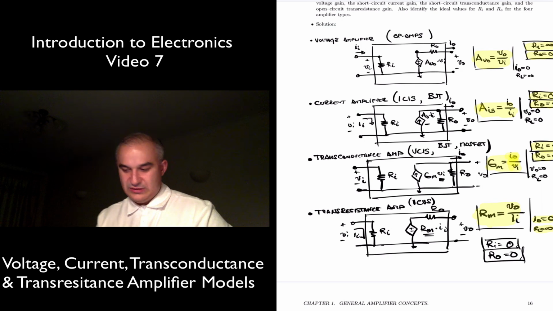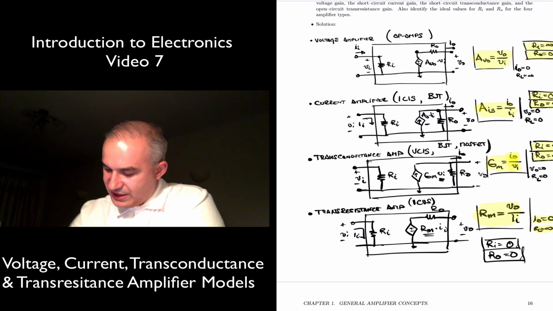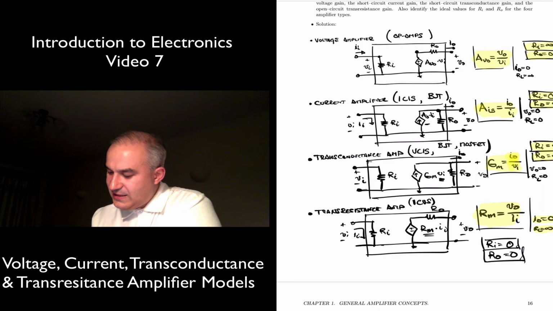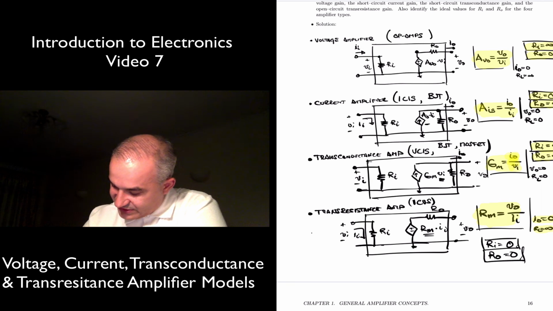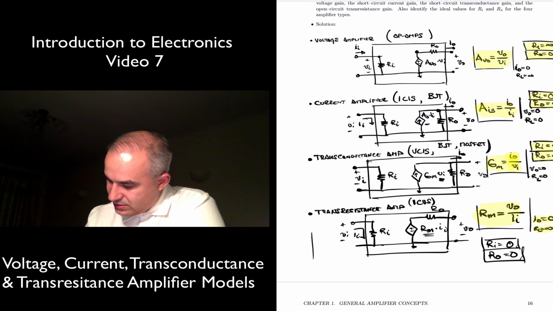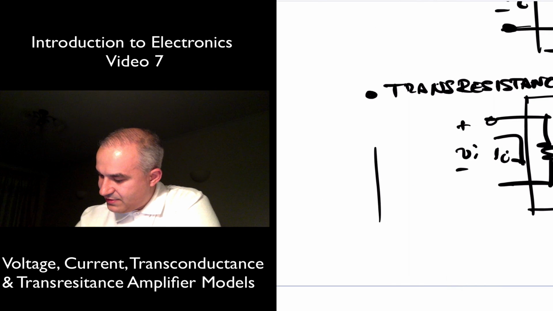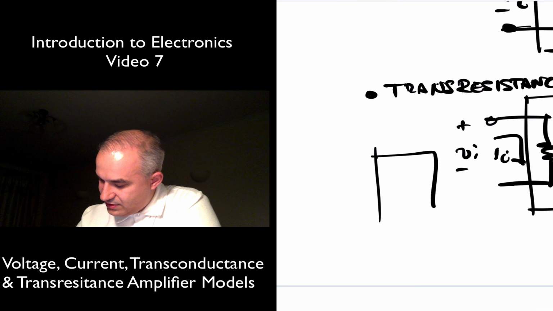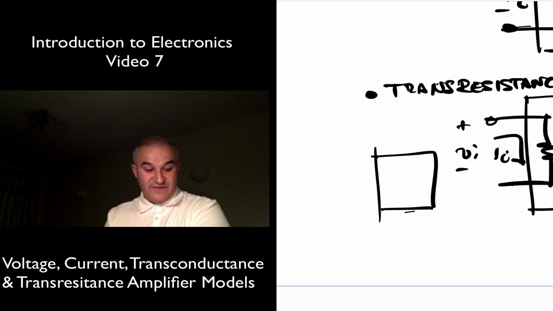In general, I should mention that if you want to find the input impedance or the output impedance in any circuit, right? You have a circuit, a block, and we want to find the input impedance.